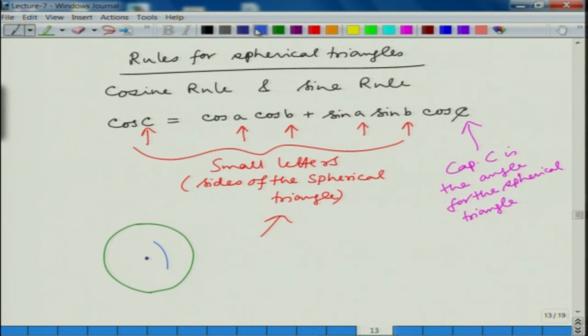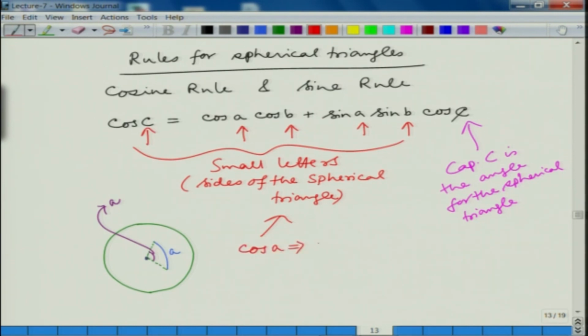So, any side or any length will subtend an angle at the center. So, if this is the length a, the angle it will subtend we can represent with the angle a.